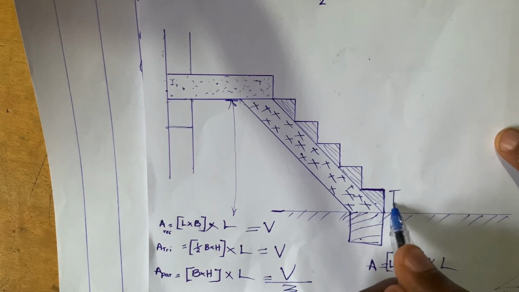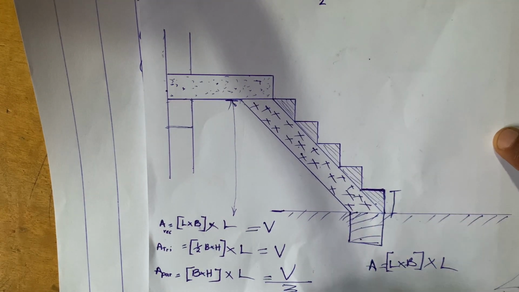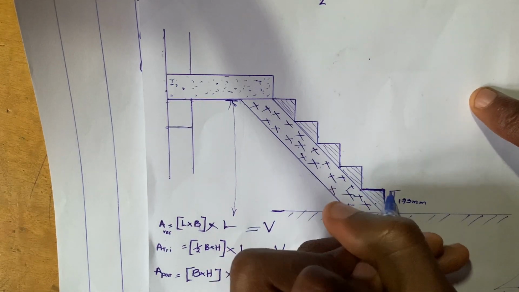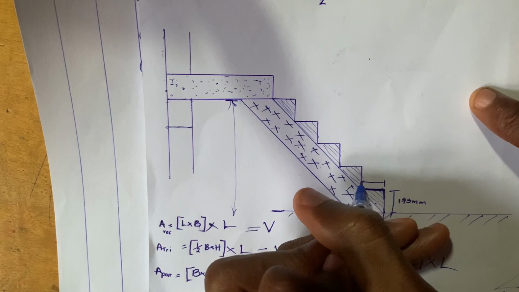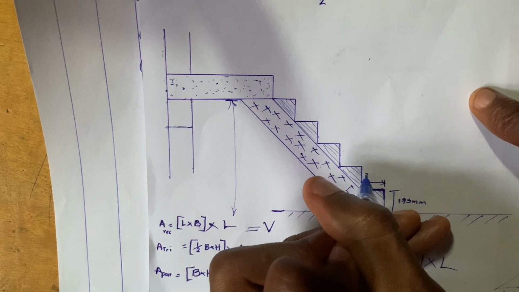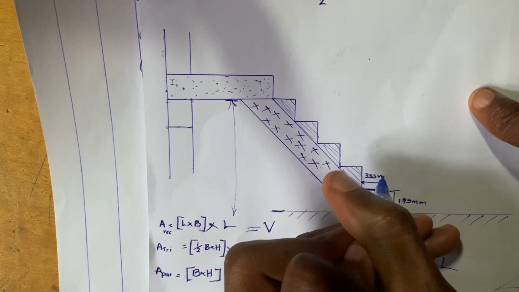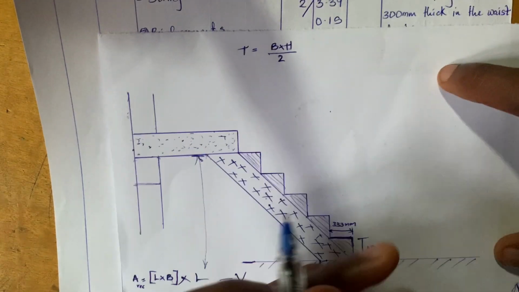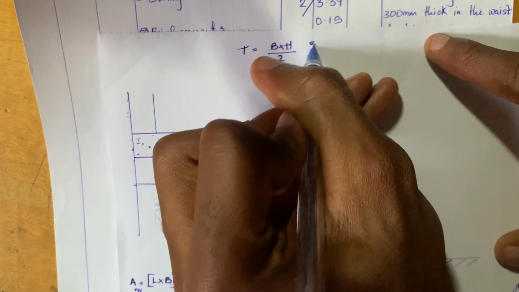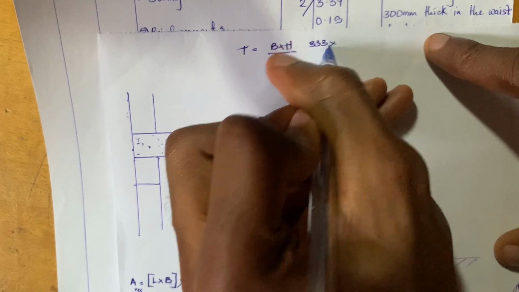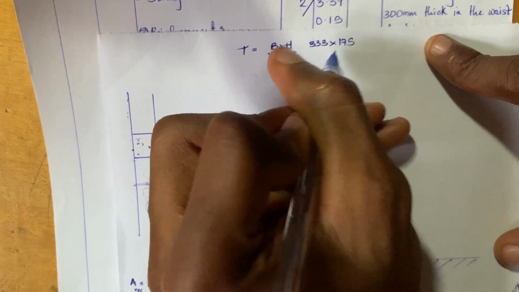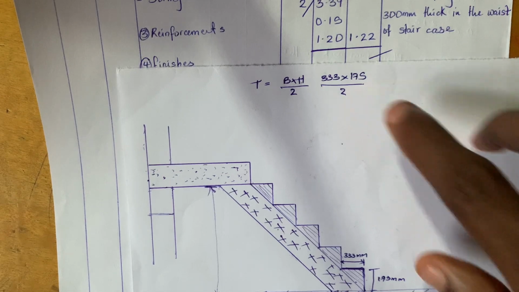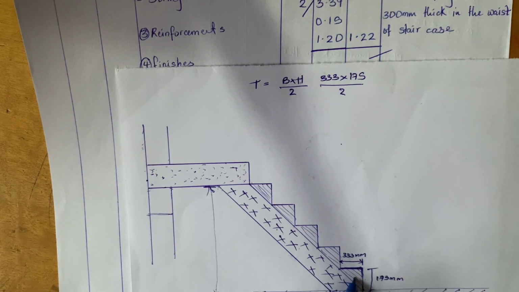From here to here was given as 175 mm, while from here to here, which is our tread, was given as 333 mm. Which means if we want to input into this formula, it will be 333 times 175 all over 2. Whatever we get will be the area for one.